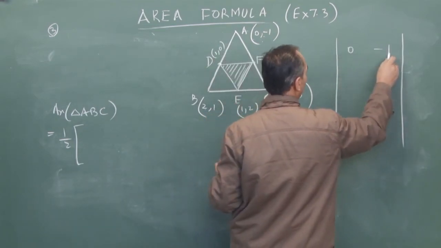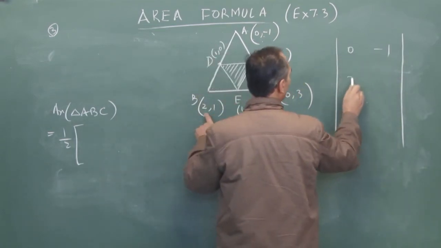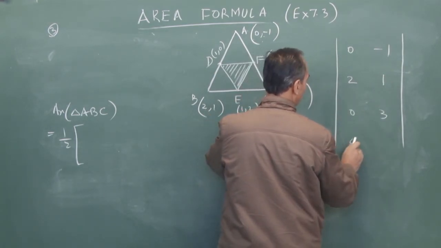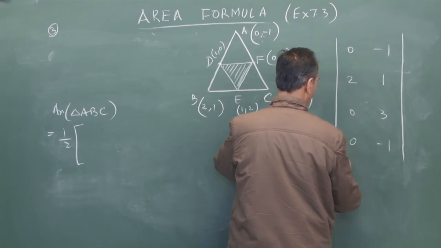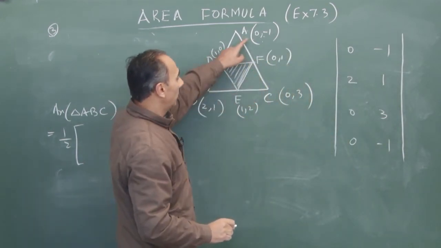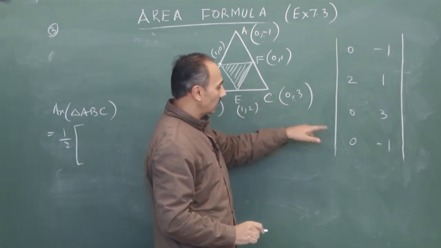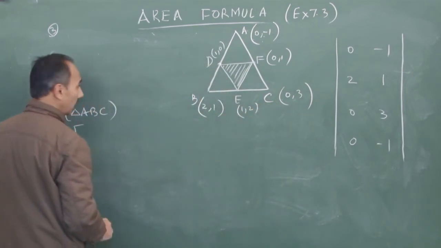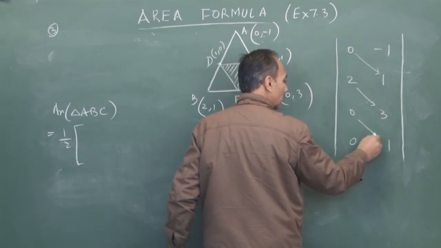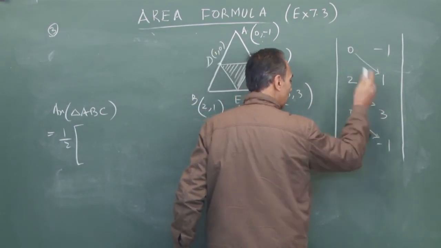A, 0, -1, B, 2, 1, C, 0, 3, again coordinates of A. Don't forget to write coordinates of A once more. So area of triangle ABC will be this into this, plus this into this, plus this into this, then minus times this into this, and so on.